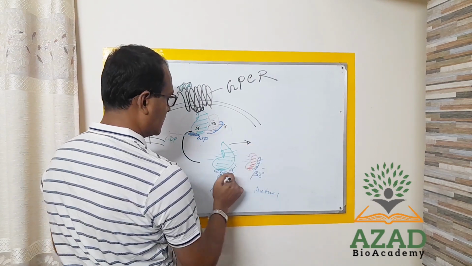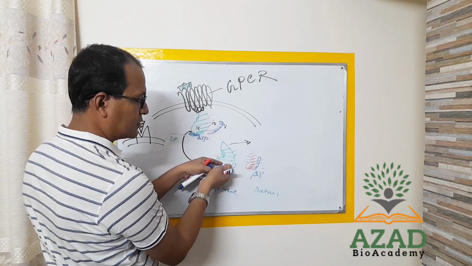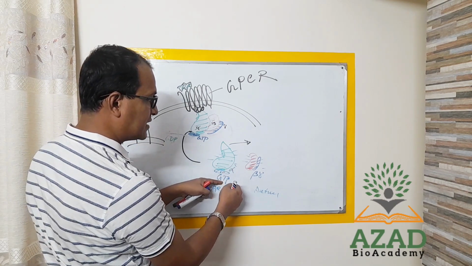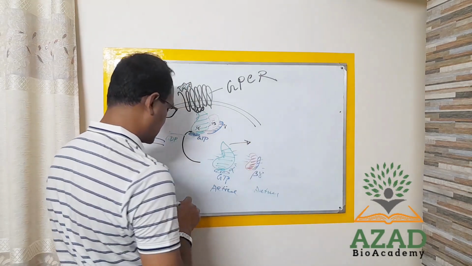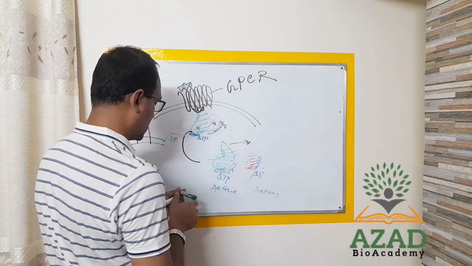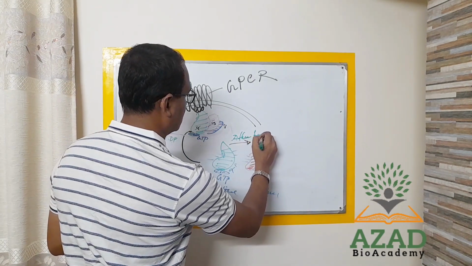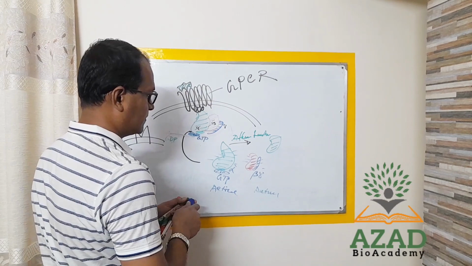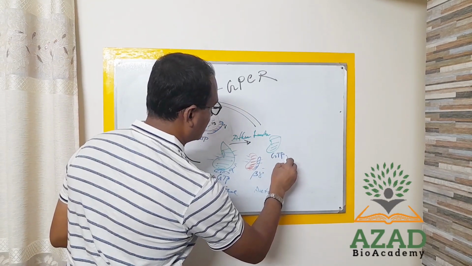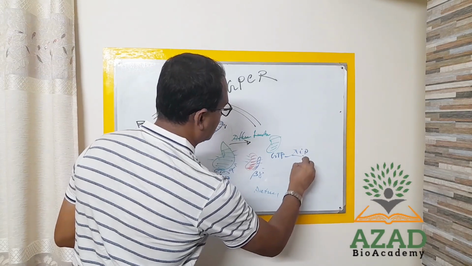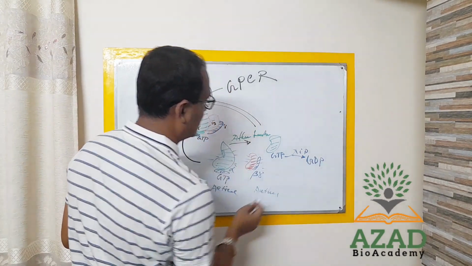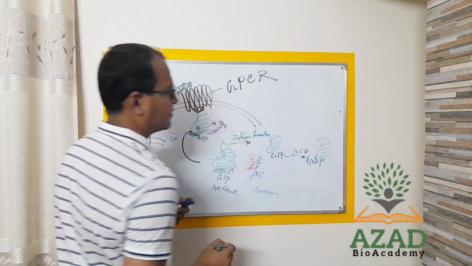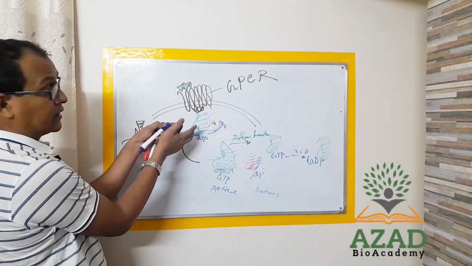GTP is attached with the alpha, and it will be hydrolyzed into GDP after the function.